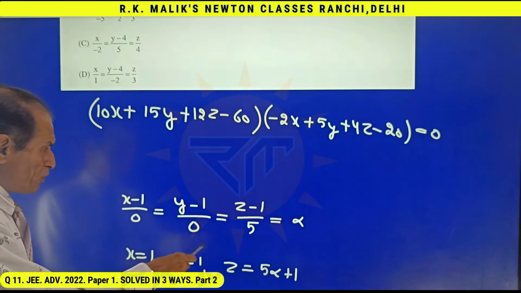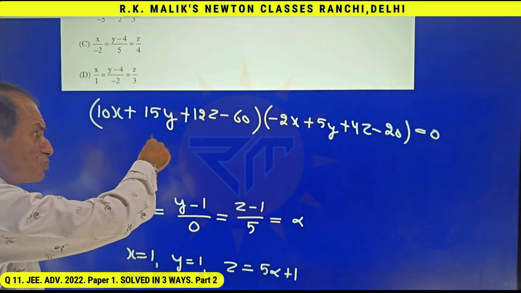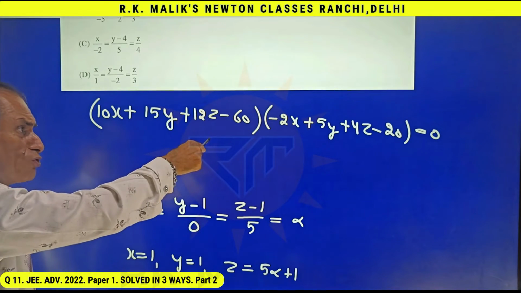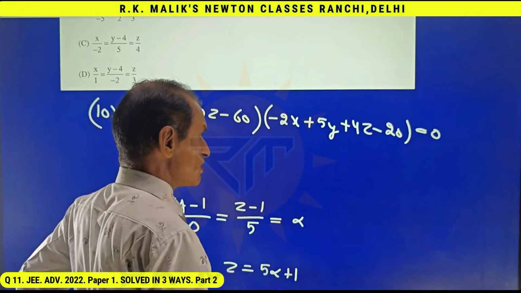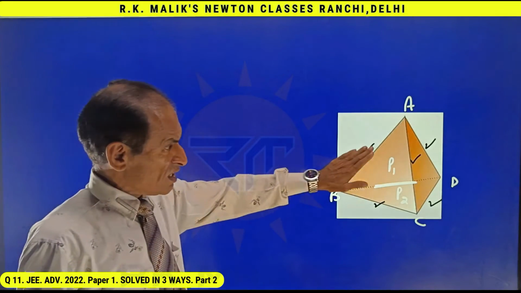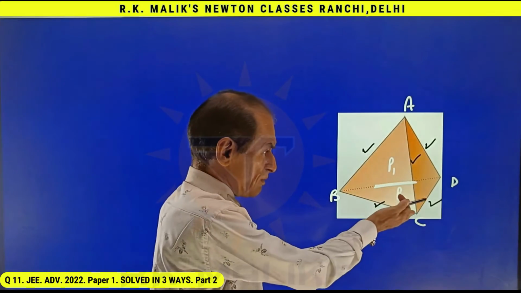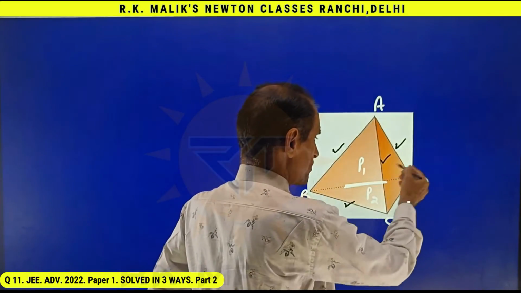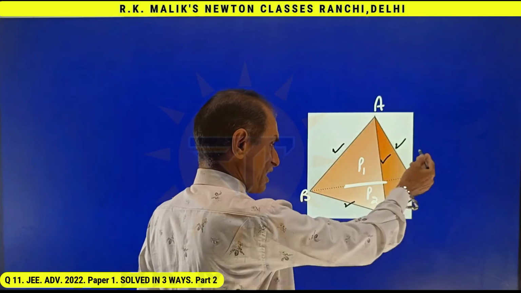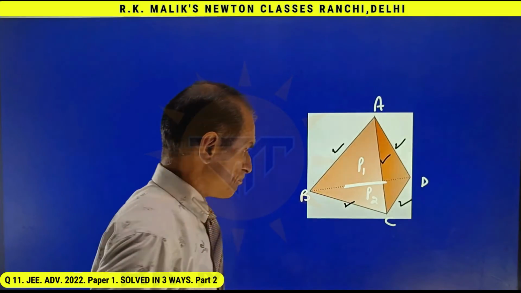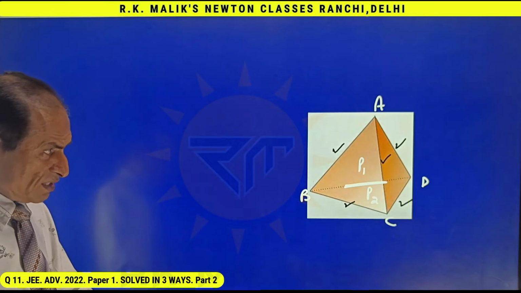If by putting this point in this equation, this becomes 0 for every value of alpha, and this is non-zero for every value of alpha, this will mean that the line lies in the plane P1 but never cuts the plane P2. That is, the line will be parallel to the line BD. Hence, this line will never cut the plane P2, and hence it will not be an edge of the tetrahedron.